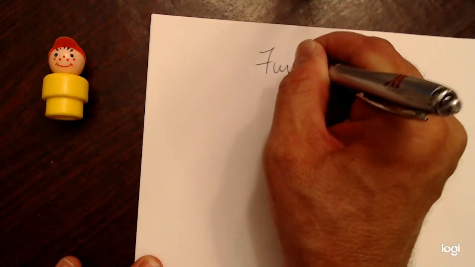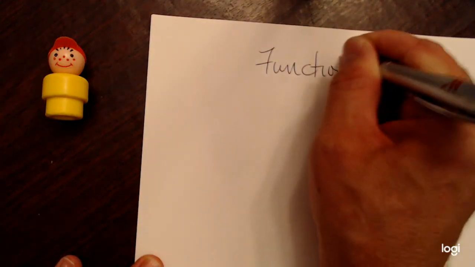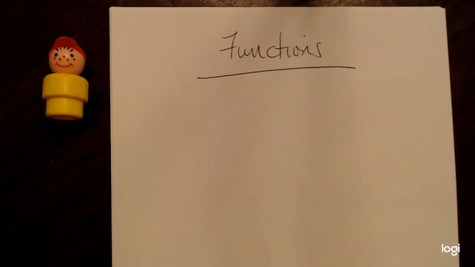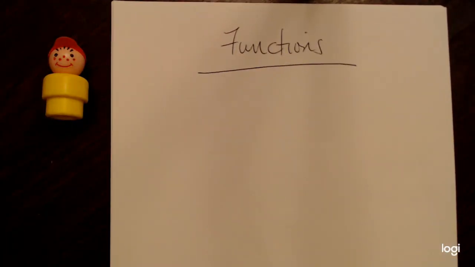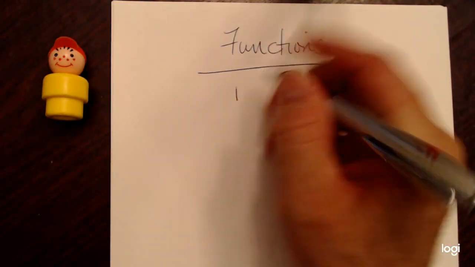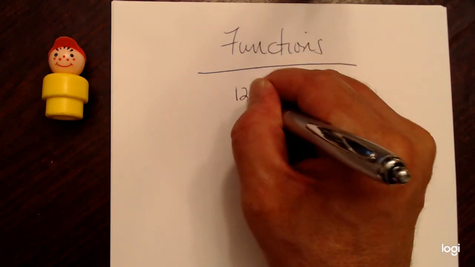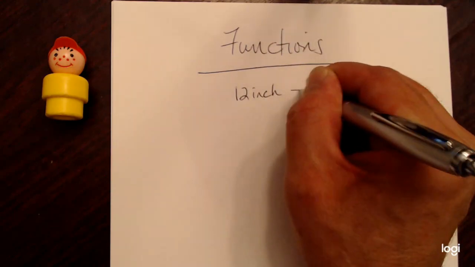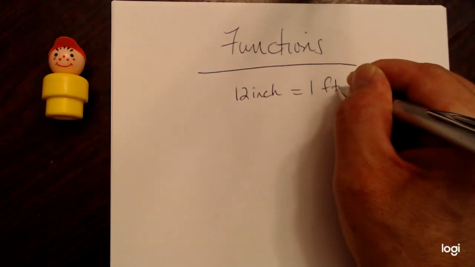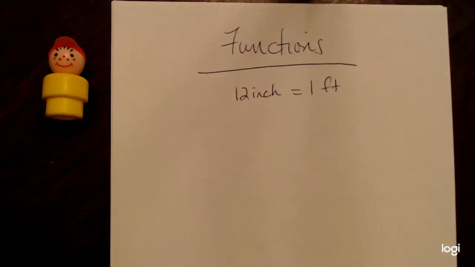Now, functions. I've got one more thing. These are easy. Let's talk about the easiest of all functions. 12 inches equals 1 foot.